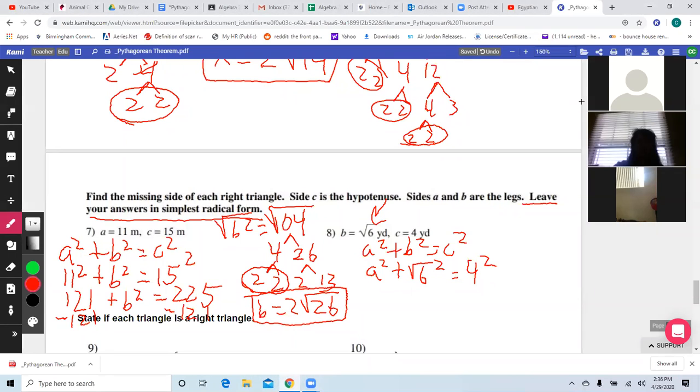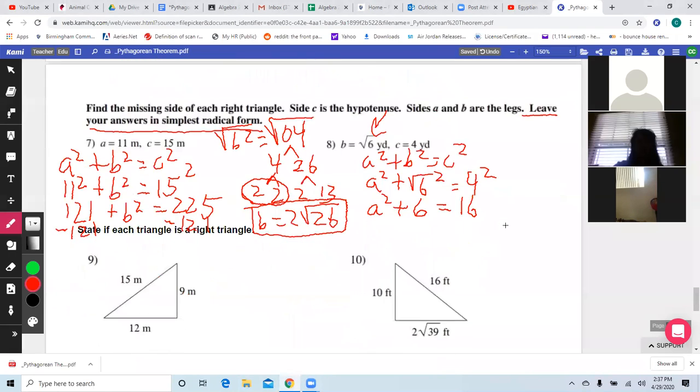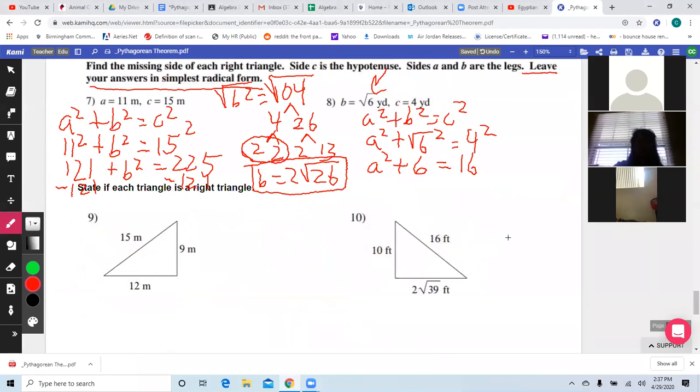If you remember from class, I told you that the square root and the square will cancel each other out. So if I have root 6 squared, that's just going to turn into the number 6. So I have a squared plus 6 is equal to 16.